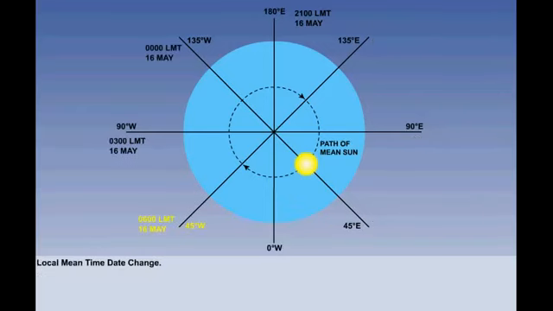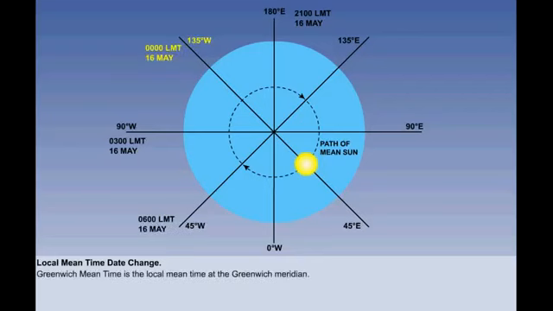Continuing westwards, the Sun will not pass over 45 west for another 6 hours, because the change of longitude is 90 degrees. It must therefore be 0600 hours local mean time. And so on, until we get to longitude 135 west.